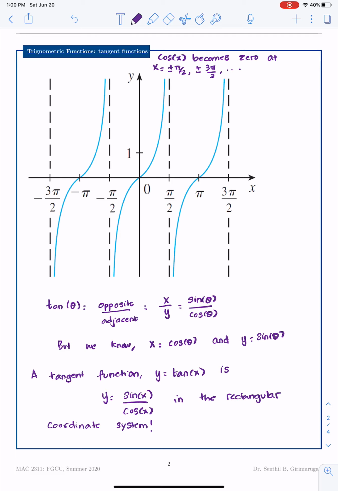At those values, the denominator would become 0, and we would end up having a vertical asymptote. So the dotted line that we see here is the vertical asymptote.